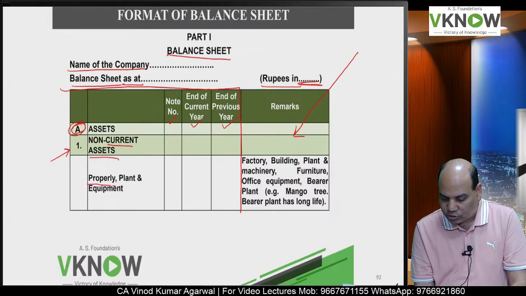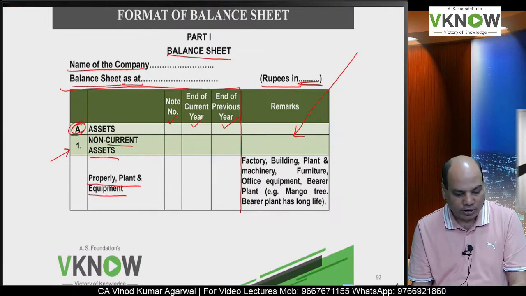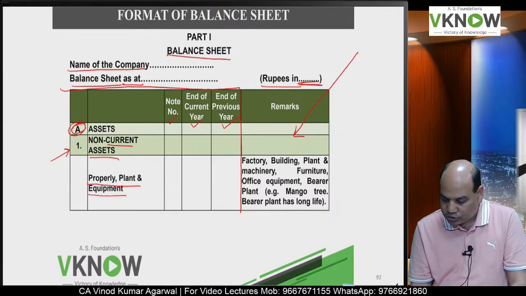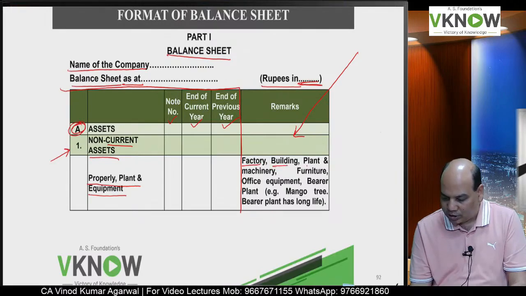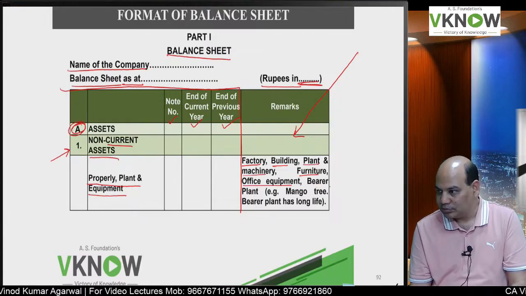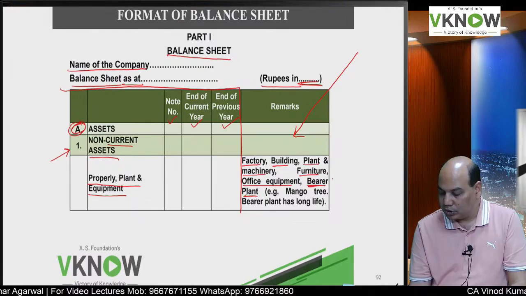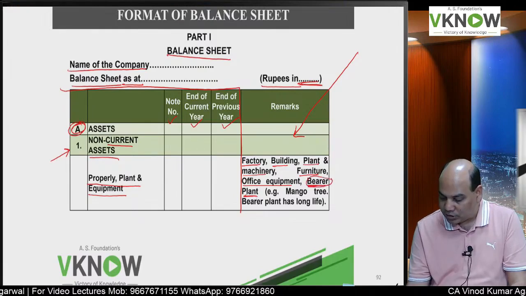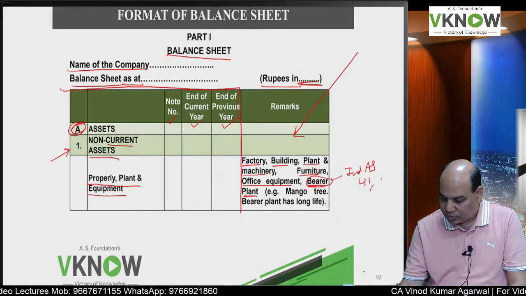So here we will disclose items, property, plant and equipment. Which items will come here? Example, factory, building, plant and machinery, furniture, office equipment, and one more item, bearer plants. The meaning of bearer plant will be discussed in Ind AS 41 and also Ind AS 16.